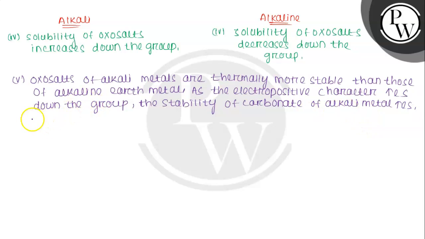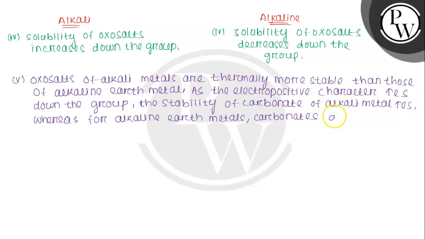Whereas for the alkaline earth metals, the carbonates are less stable and decompose on heating to give CO2 and O2.